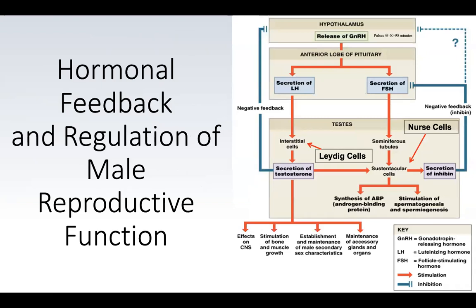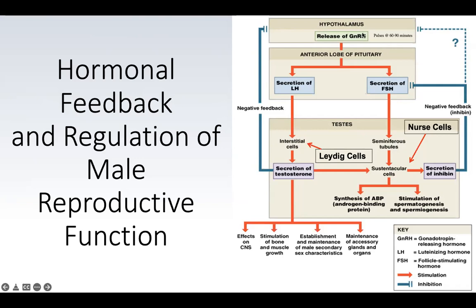When it comes to understanding hormones that mediate male reproductive function, this is a very good overview. And this is where we'll end off today because it brings back concepts we learned about earlier this semester when we talked about the endocrine system. So the hypothalamus is the grandparent gland.